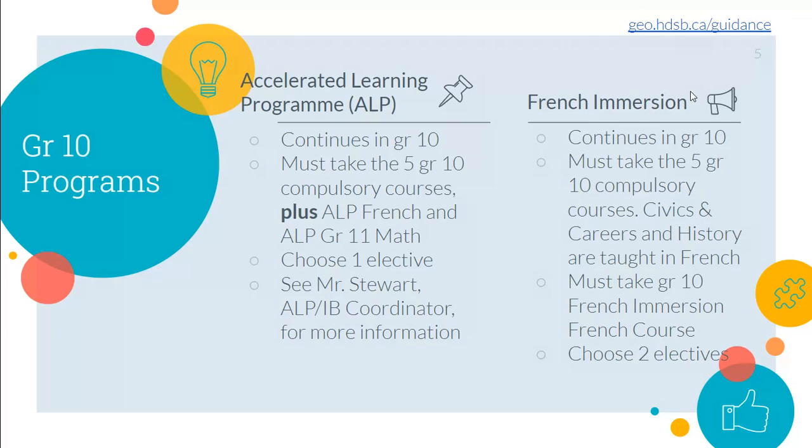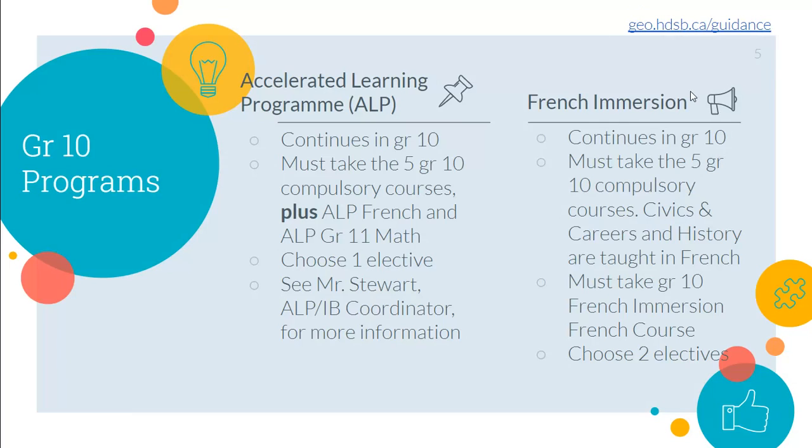For those students who are continuing in French immersion into their grade 10 year, French immersion does continue from grade 9 into grade 10. You must take those 5 grade 10 compulsory courses as well, but some courses will be offered in the French language, including civics and careers and history. Those 2 credits are offered in French, which means those students who are in French immersion cannot take the civics and career really in summer school, because our Halton District School Board summer school offering for civics and careers is only in English.